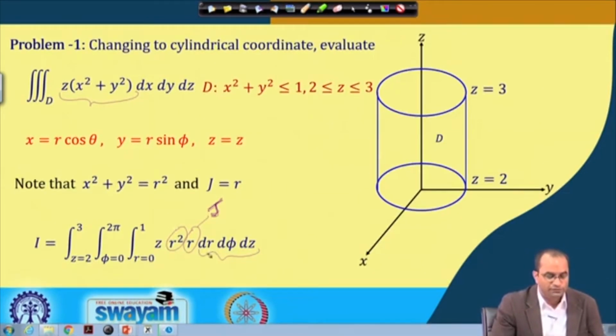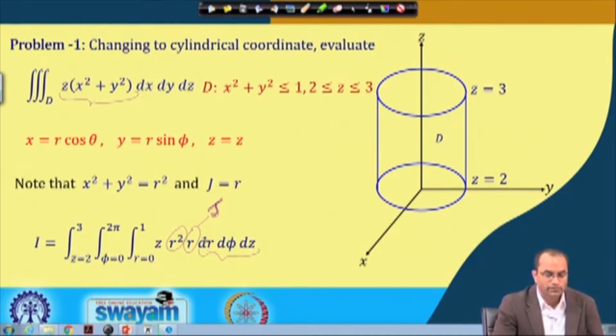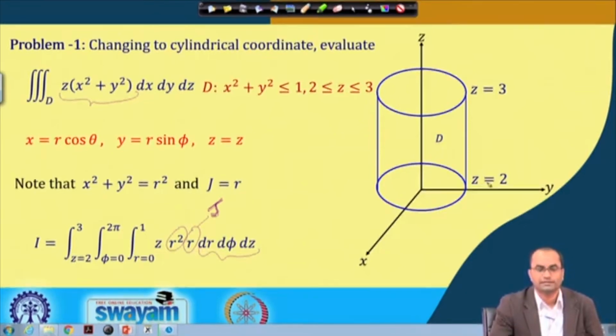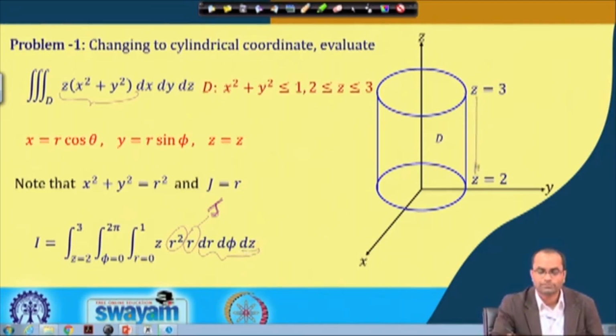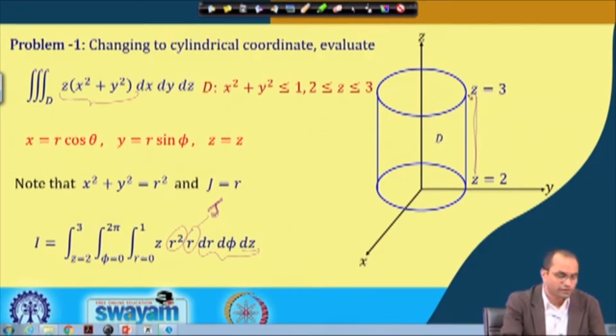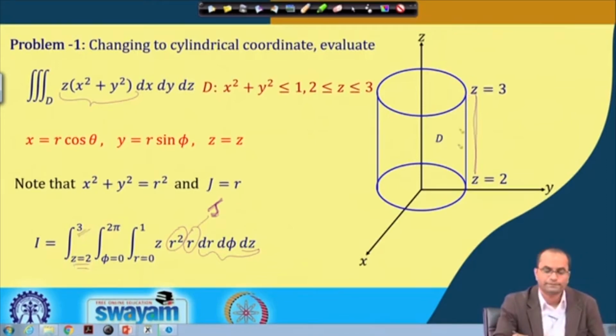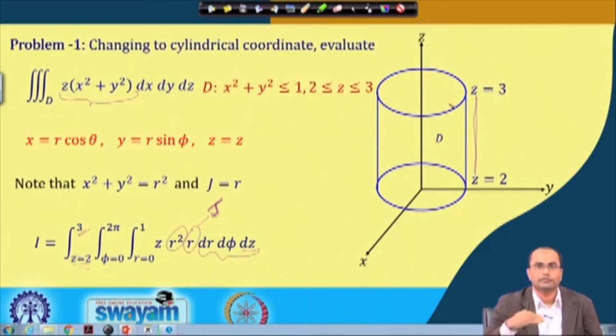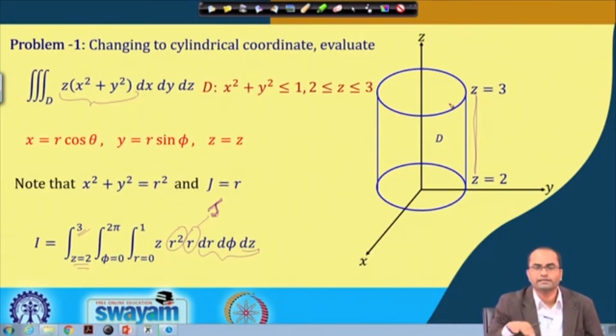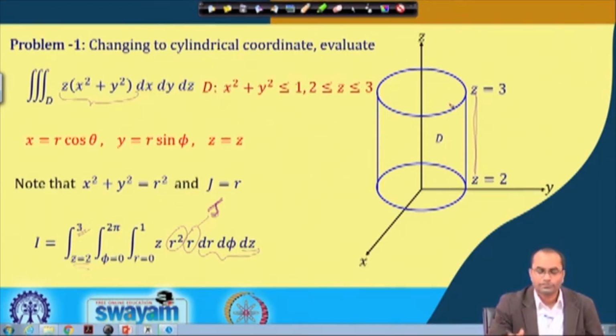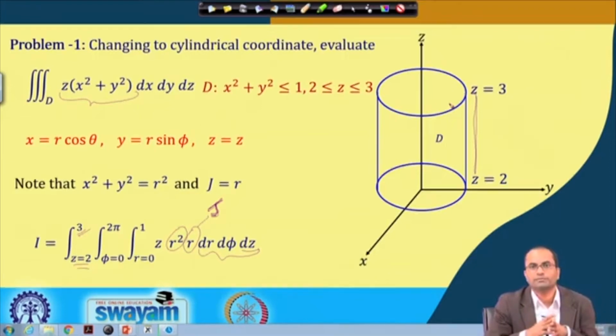Now, we come to the limits here for r. Let us first put the limits of z. So, the z limits are trivially given there, that z varies from 2 to 3. So, the limits of z are 2 to 3. Once we have covered the limits of z, what is left? It is a projection to the xy plane, and that is nothing but the circle. So, once we have fixed the limits of z, what is left now is a circle in the xy plane, for which we know already in polar coordinates what the limits will be.